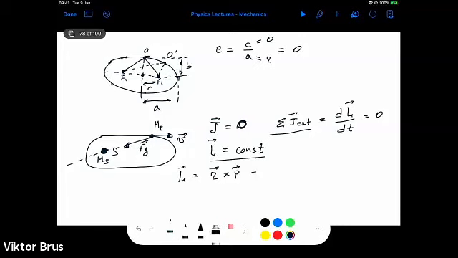This can be written as the radius vector cross m of the planet, mp, the mass of the planet, and the linear velocity of the planet. Since the mass is a constant, we can take it out of the vector product: mp r times v.